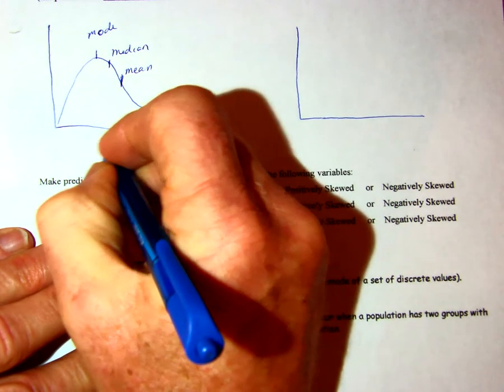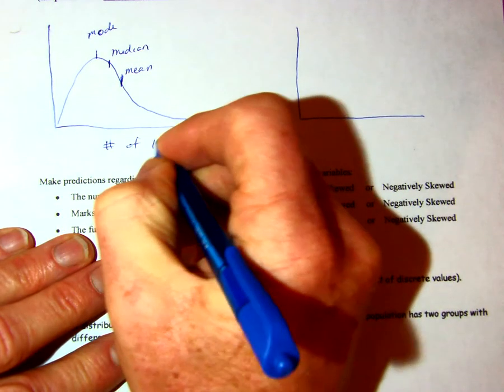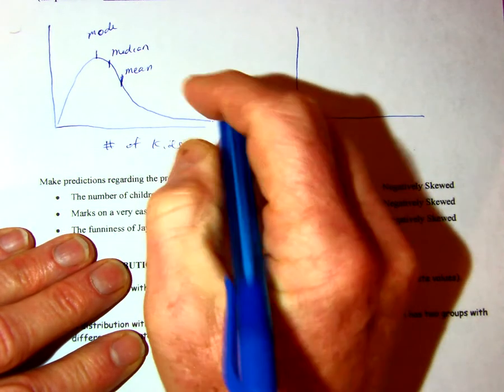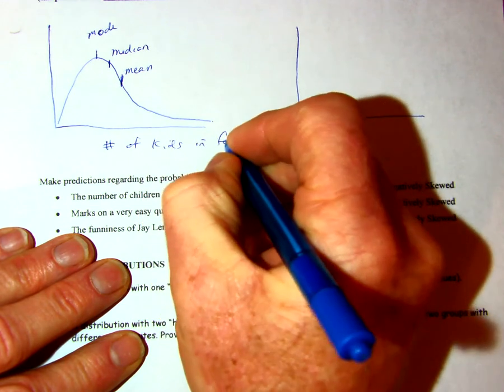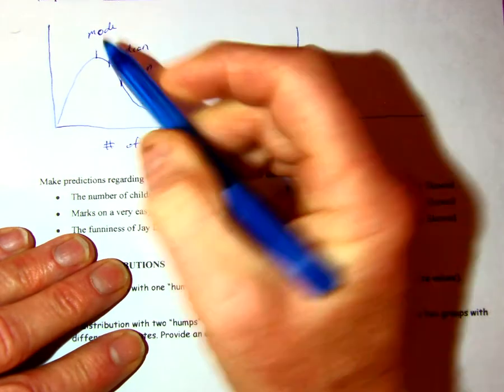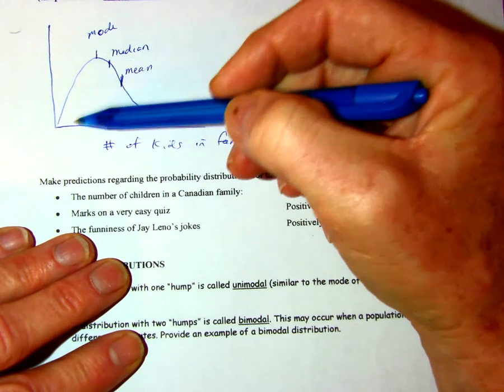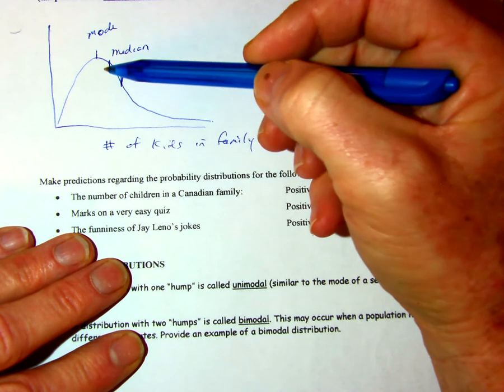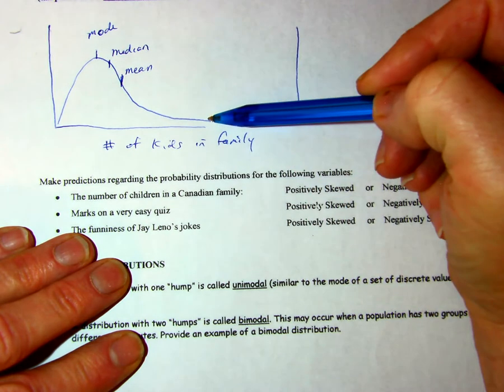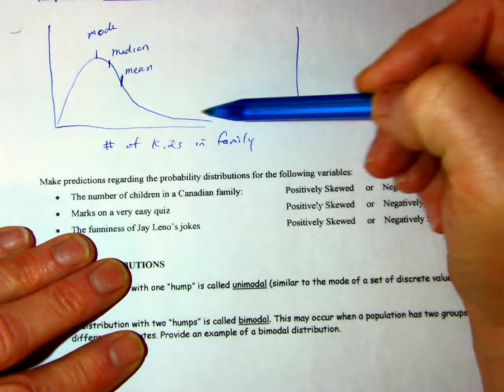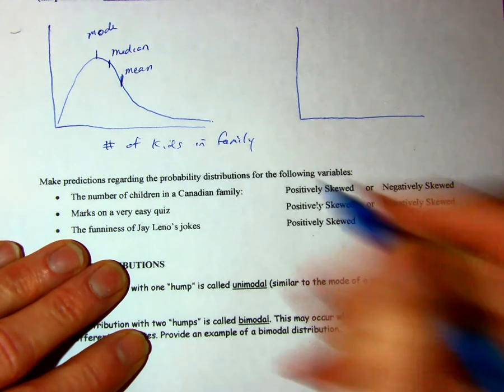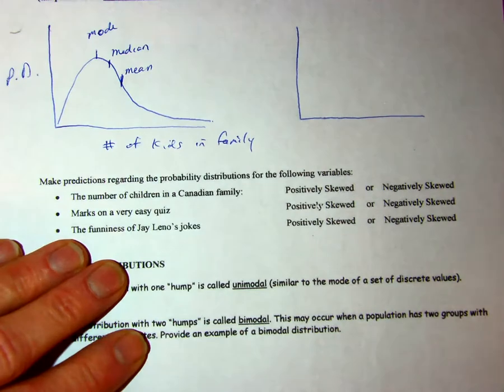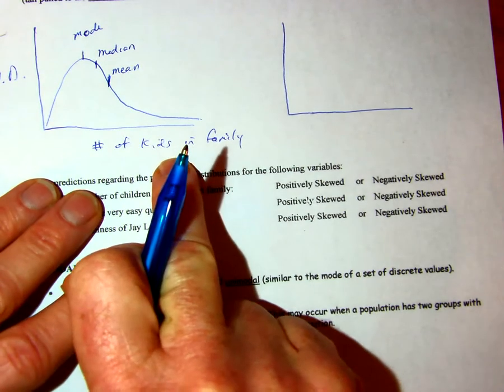This would be the example with number of kids in a family. You would have a lot of people with 0, 1, and 2, and then very few with 9, 10, 11, 12, whatever, right? So this would be more like what you would expect for the number of kids in a family.